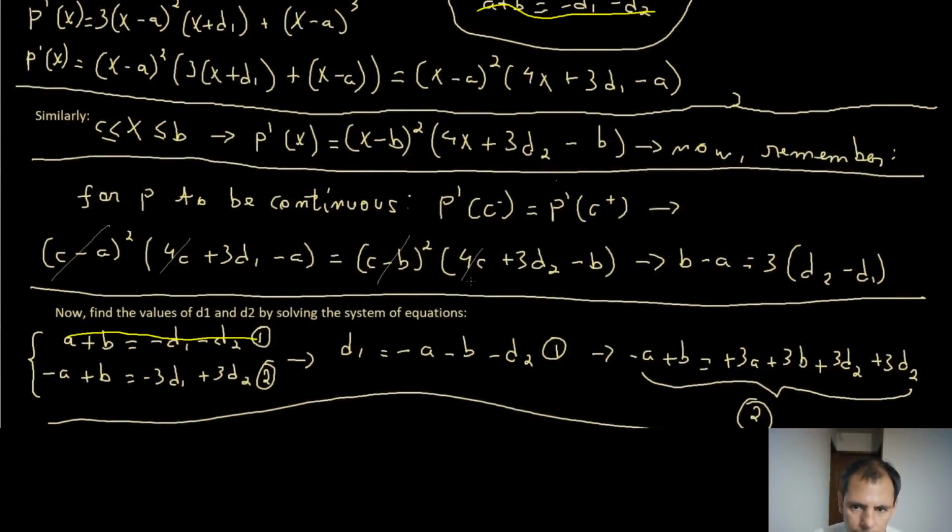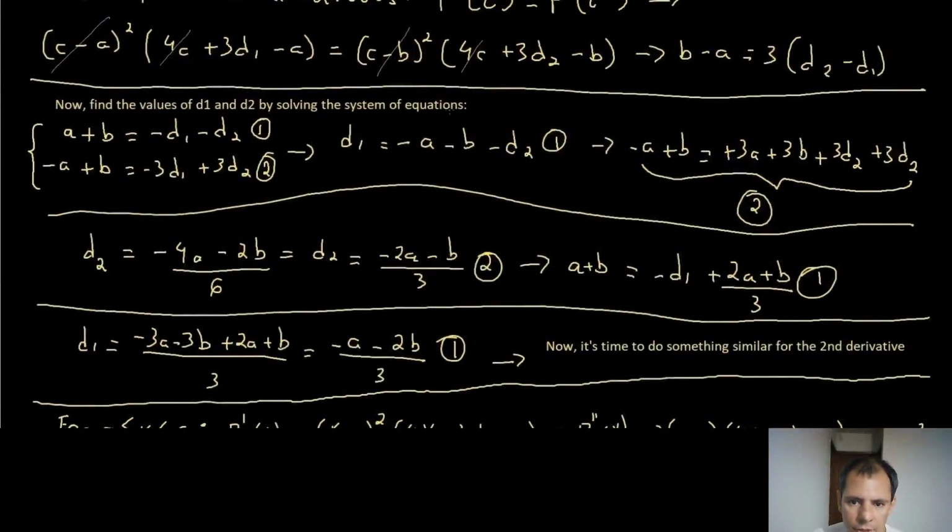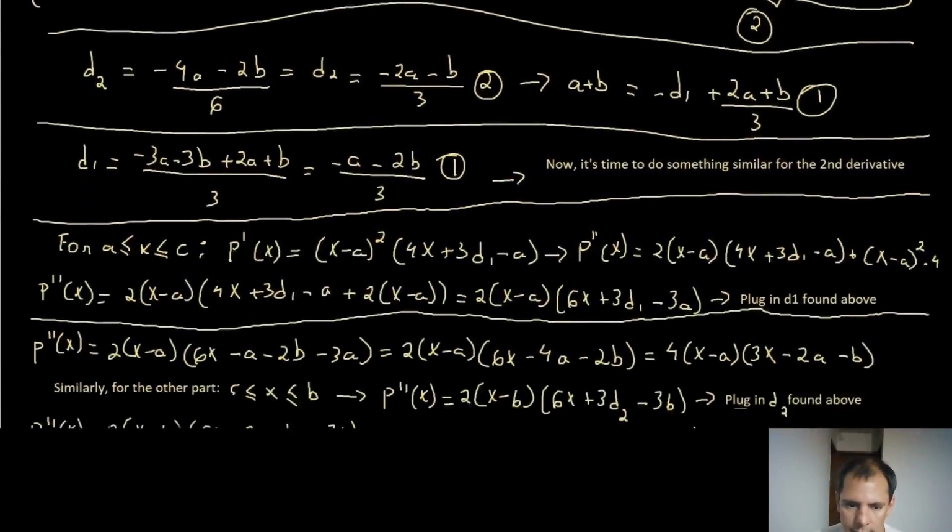Now we have a simple system of equations, and then you solve the system of equations for d1 and d2, and we find that d2 equals minus 2a minus b divided by 3, and d1 equals minus a minus 2b divided by 3. Okay, let's keep going.